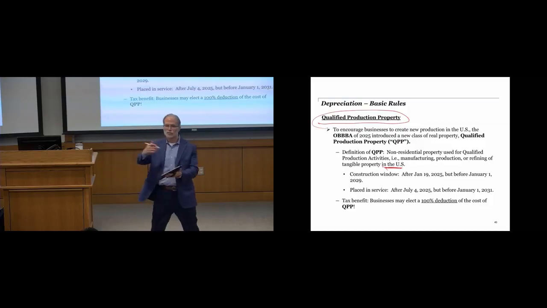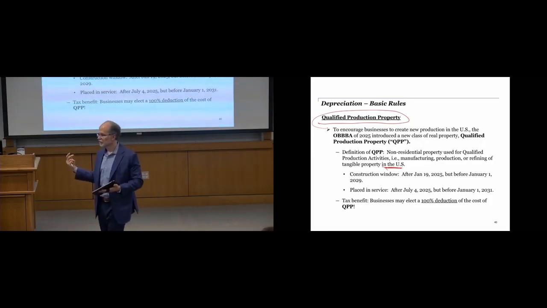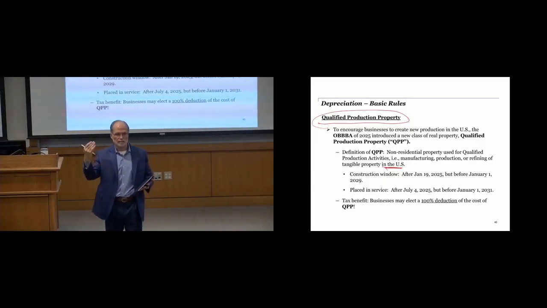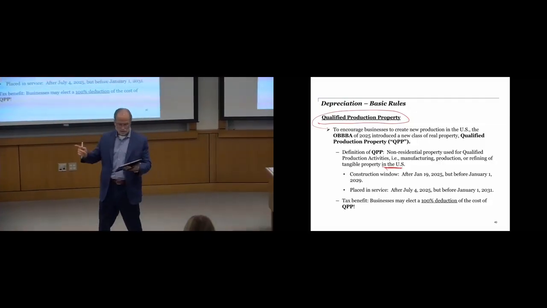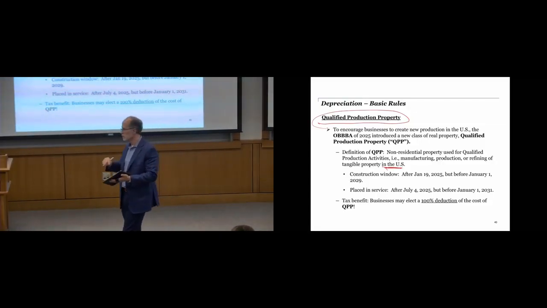Who's writing these rules? The Republicans have control of the presidency and Congress. One of the initiatives of the Republicans in control is to increase manufacturing activity in the United States. The regulations are being written as we speak, but they have some of the guidance out.